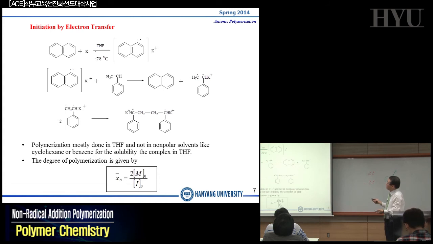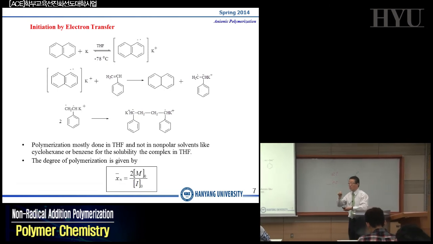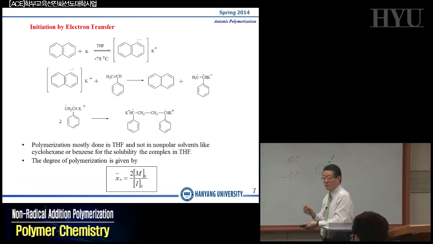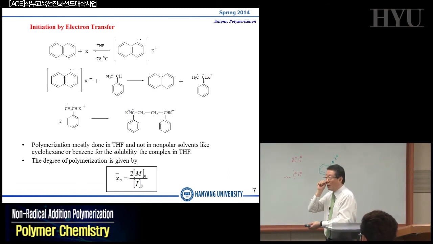They also knew of the presence of the radical anion from ESR measurement, because ESR can detect the presence of radicals, and this has already been known.